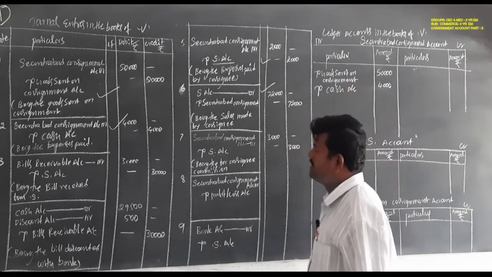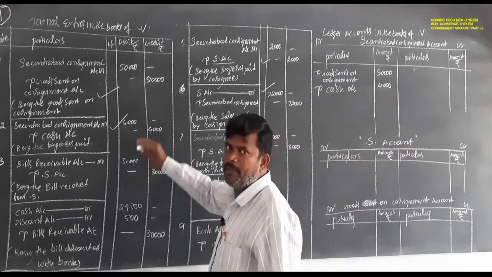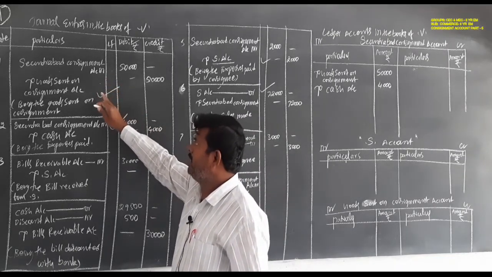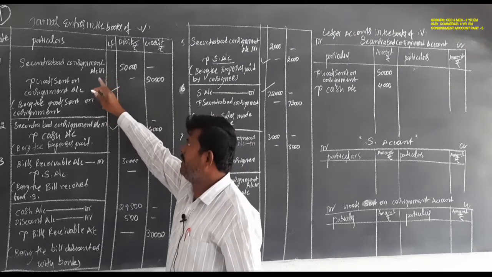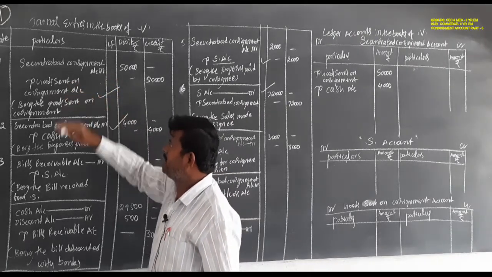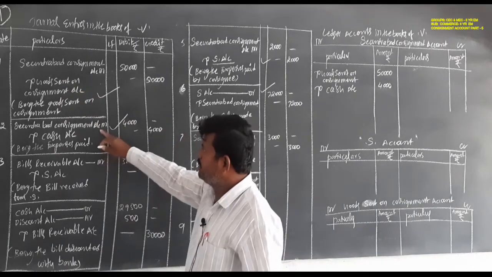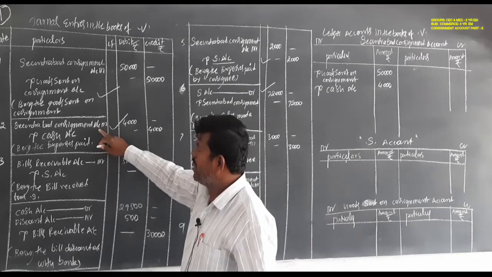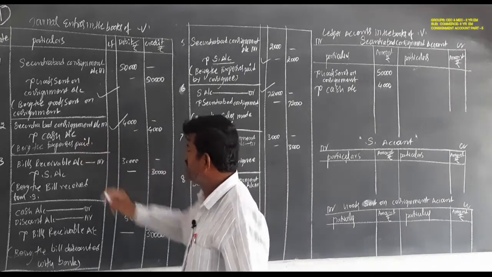Why? Because as per the ledger principle, the account you are preparing appears on the debit side, so you have to record on the debit side with the credit aspect. Here also Secunderabad consignment account appears on the debit side, so I record on the debit side to cash account.